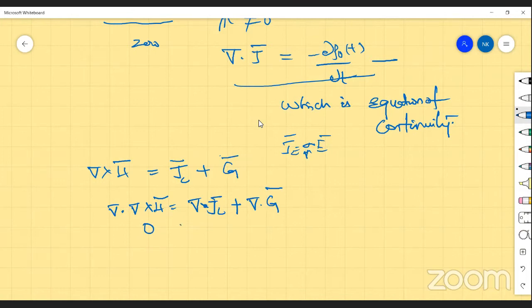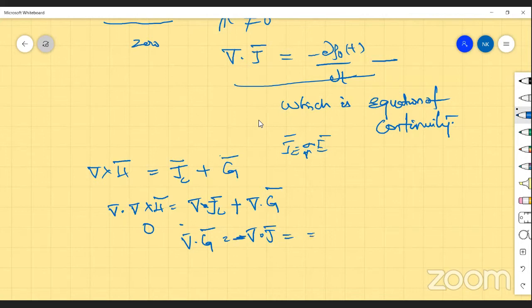Okay. So when this is 0, del dot G bar is equal to del dot J bar, and del dot J bar is minus dou rho v by dou t, no?